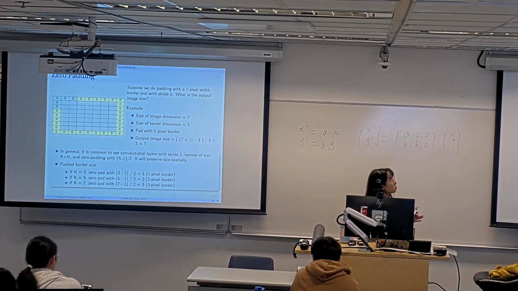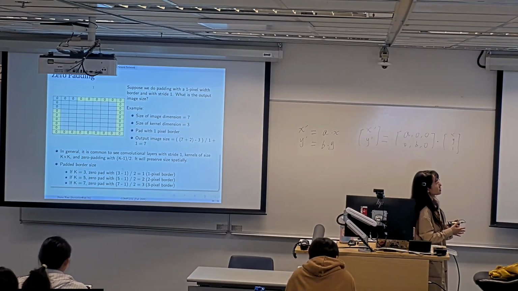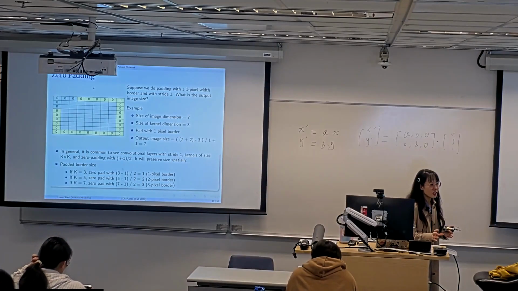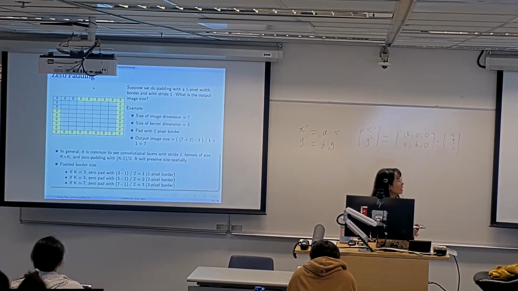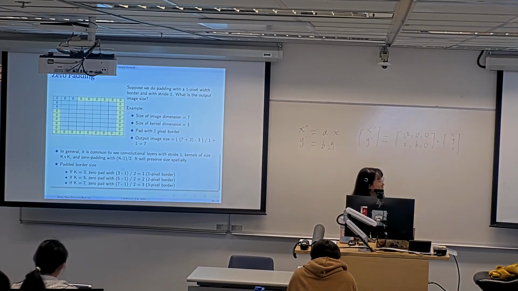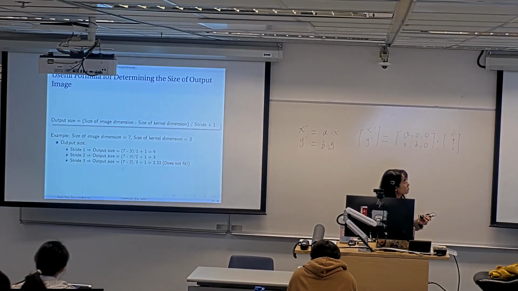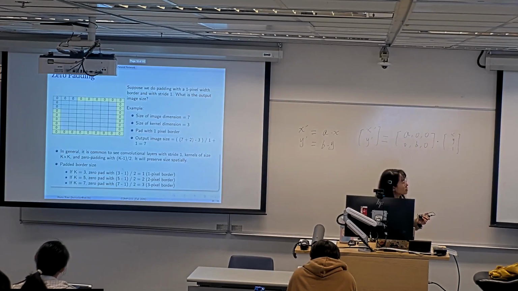So suppose we do padding with a 1 pixel wide border and with stride 1 when we're doing the convolution, then what is the output image size? The size of image dimension we know is 7. The size of the kernel dimension is 3. And we pad with a 1 pixel border, just like we show here. Then the output image size, according to the previous formula, we're still applying this formula here. It should be 7 plus 2 minus 3, divided by 1, then plus 1.